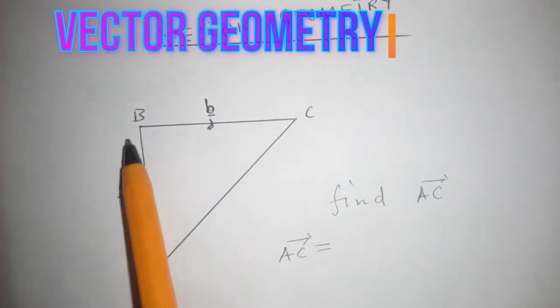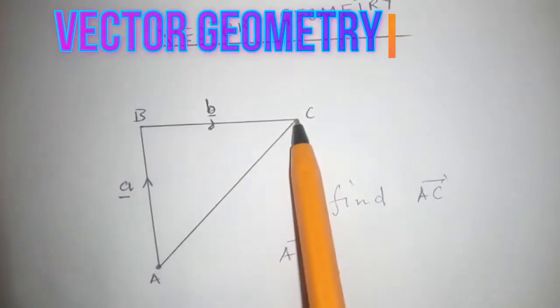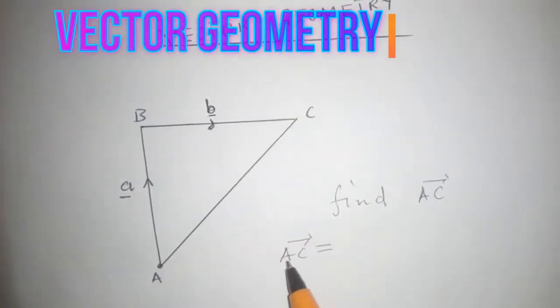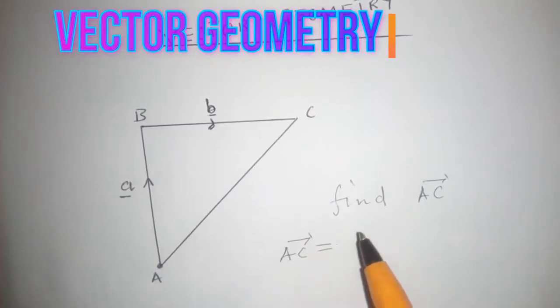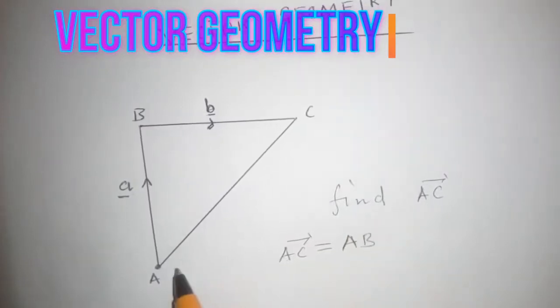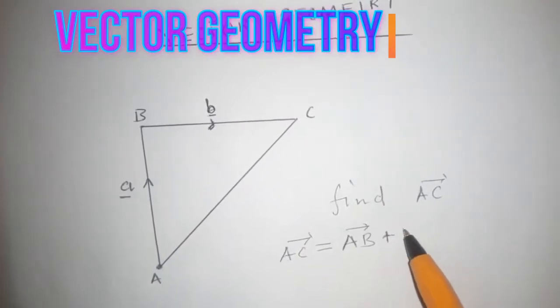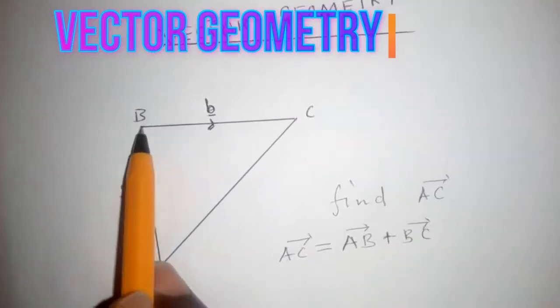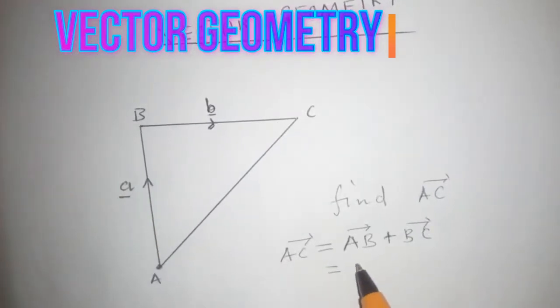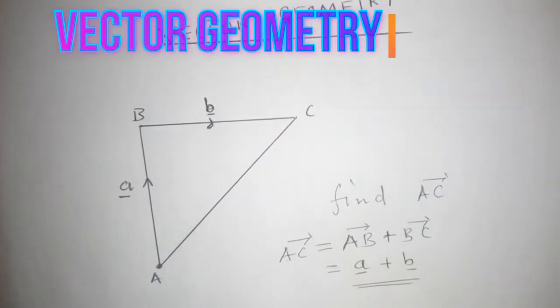It's A, B, B, C. Please don't make a mistake of starting from C. You are at A, so you check the letter which is starting. That's the one you start with. So AC is equal to vector AB plus vector BC. So vector BC is over here. You can plug in what is vector AB, which is A, plus BC. So this is the answer.